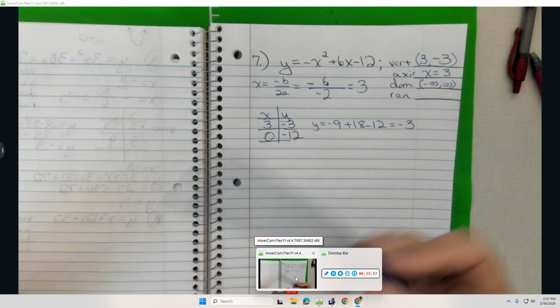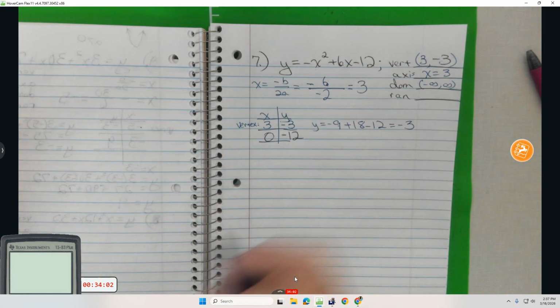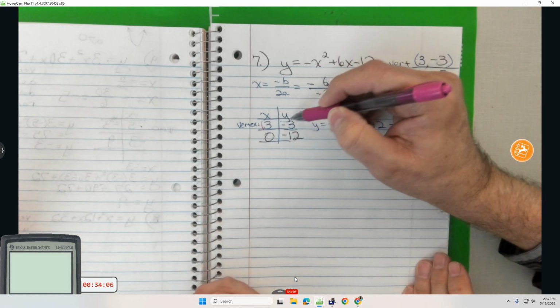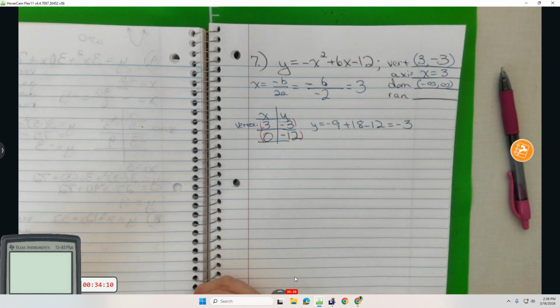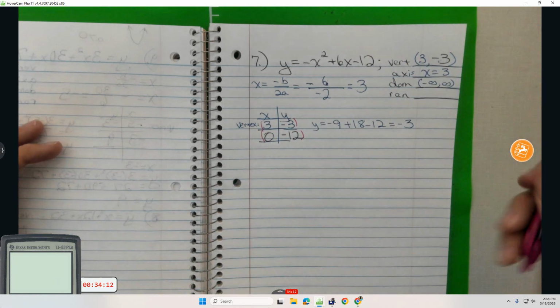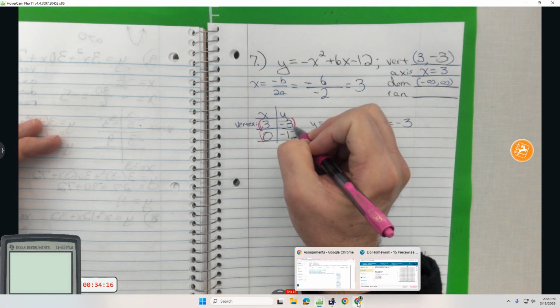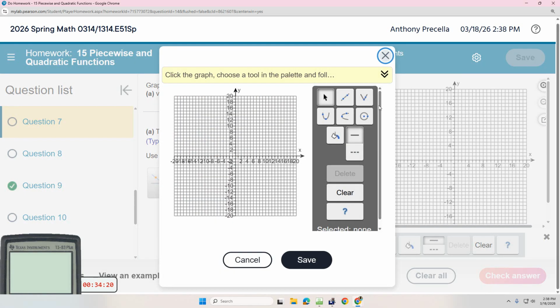So we have to plot our vertex, and then the secondary point. So you plot those. Let me pop this out. Vertical parabola.